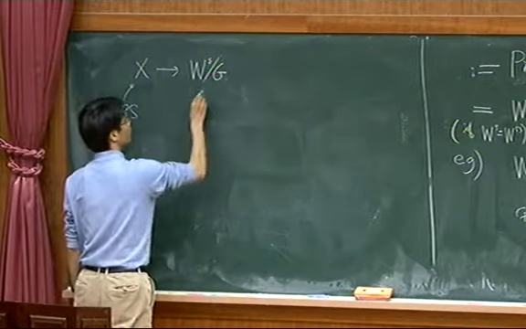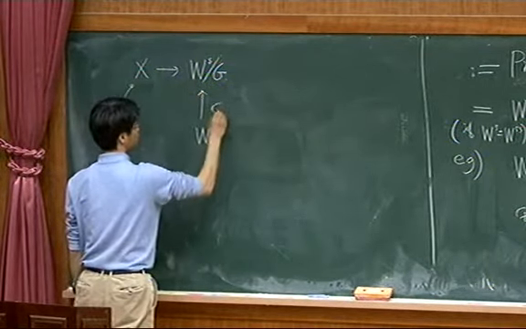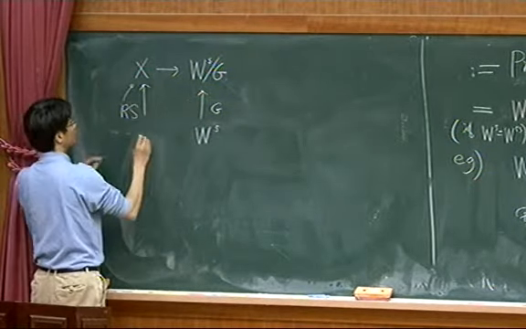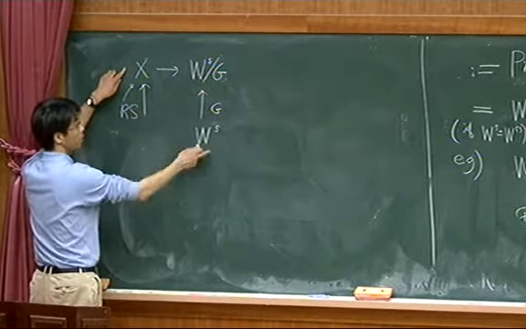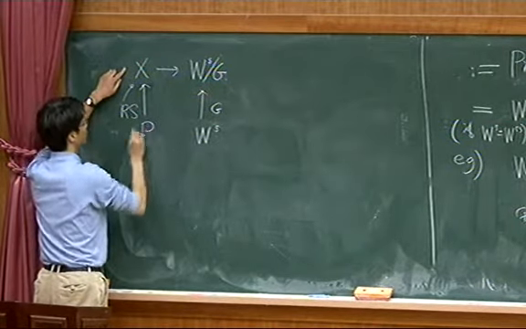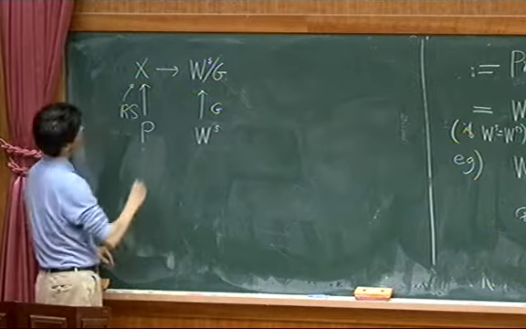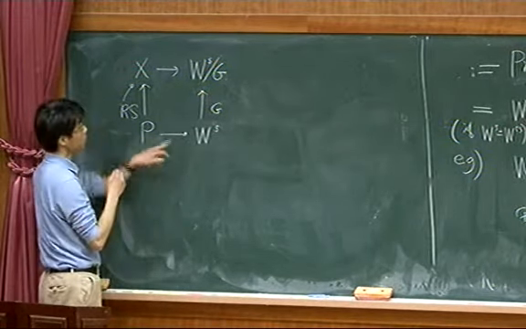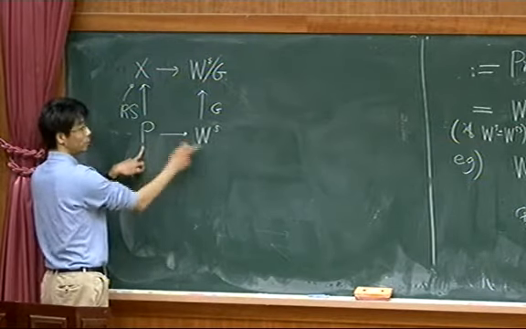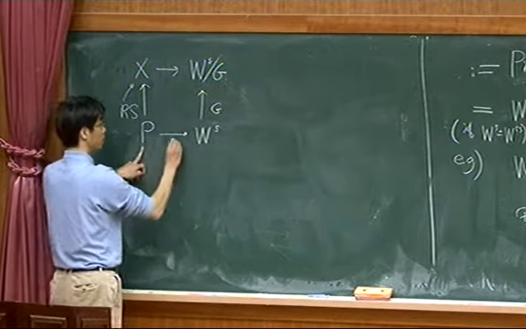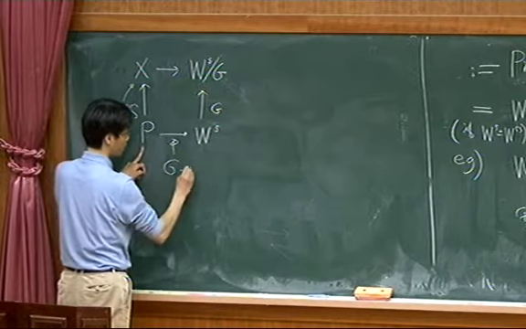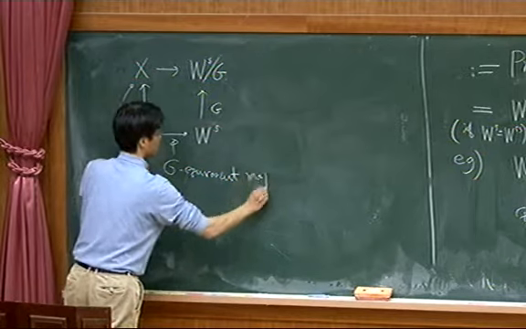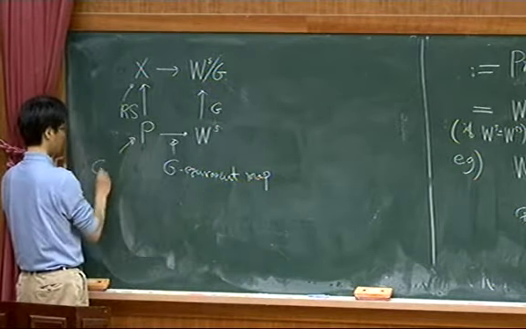Then using that principal G bundle, we can construct a principal bundle P on X by pulling back. And since it's a pullback, we have a map from here to here. It's a bundle map, in other words, a G equivariant map, and this is a principal G bundle.